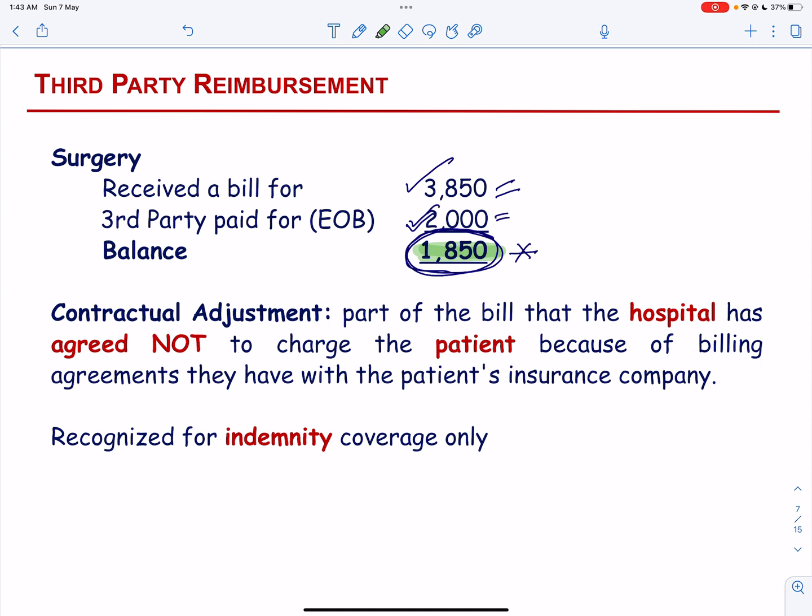Now, if the patient doesn't have insurance, then he would be paying the whole amount, and that is 3,850. So this is a contractual adjustment, and it is the difference between the amount billed to the third party and the amount collected from the third party.